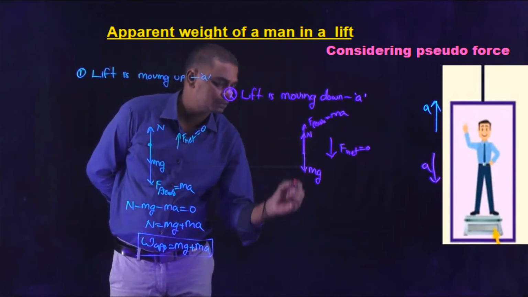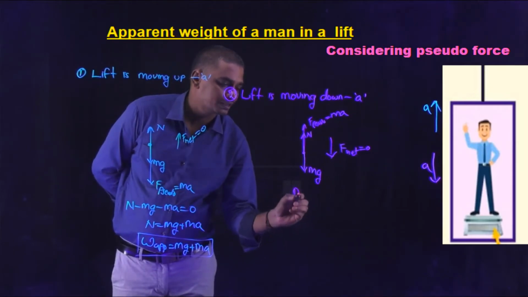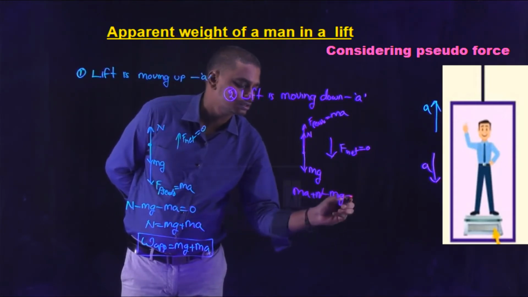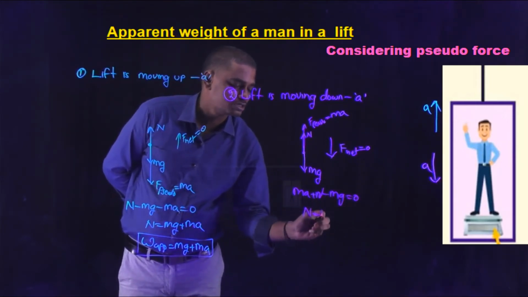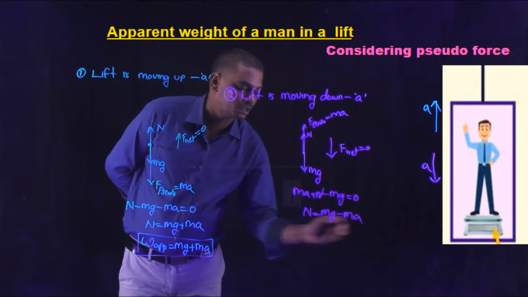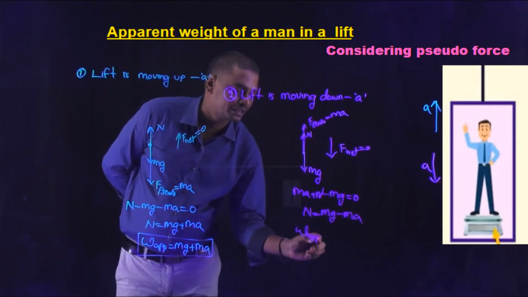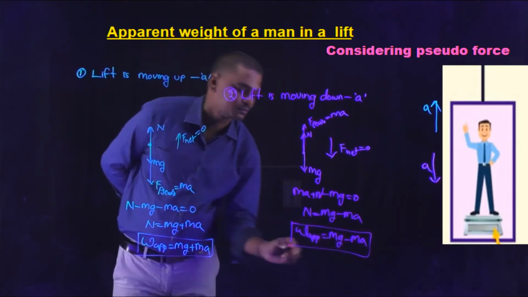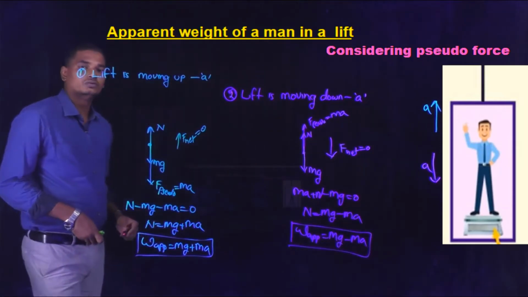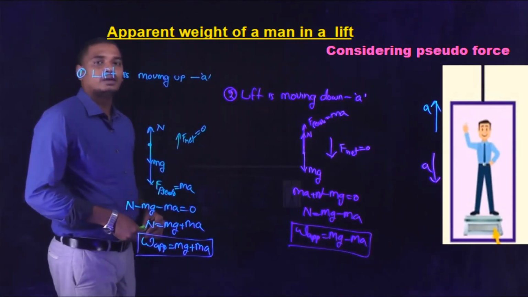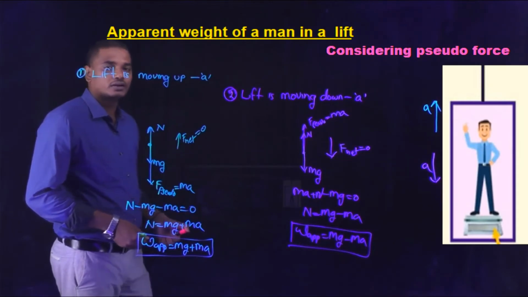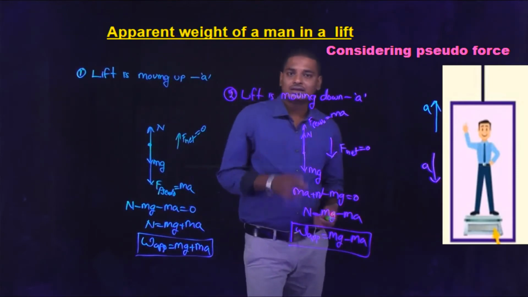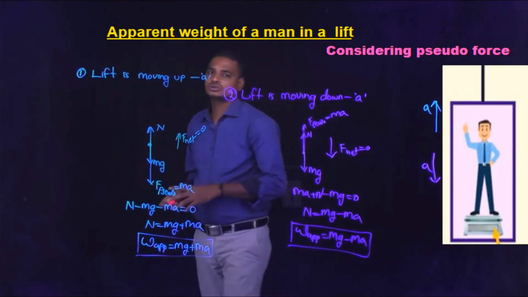So we can write the equation in this manner: ma plus N minus mg is equal to 0, or N is equal to mg minus ma, which is the apparent weight, mg minus ma. As the lift is moving downwards, the apparent weight of the man is less than the true weight of the person in the lift.